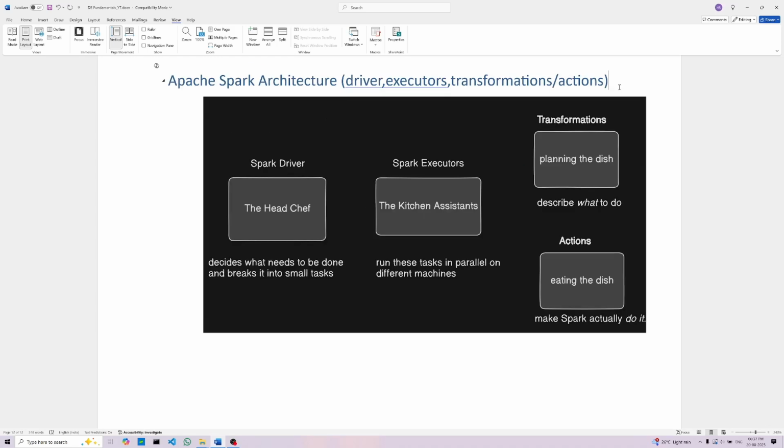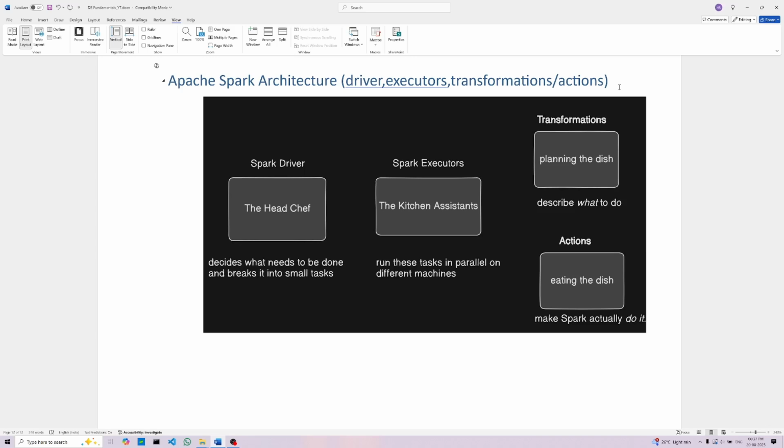So the next question is Apache Spark architecture. You don't need to look at any formal definition. This funny diagram will explain it in very easy to understand language. Let's take an example of a restaurant. In the restaurant there will be a head chef.